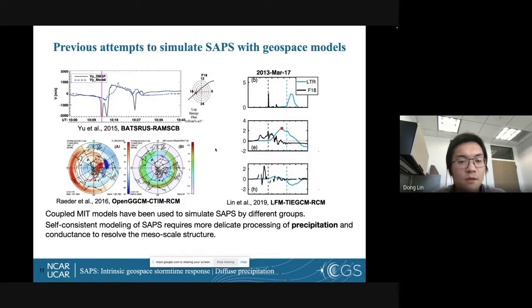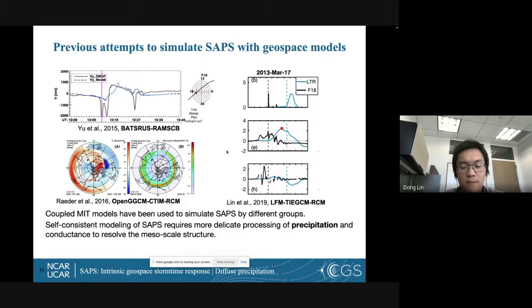For example, here I'm giving 3 examples of well-known community models, including this LTR model from our own group, but it was developed before the CGS project. As you can see, one of the main insufficiencies of all these models is that the mesoscale subauroral channel is not resolved so well in any of these previous models.